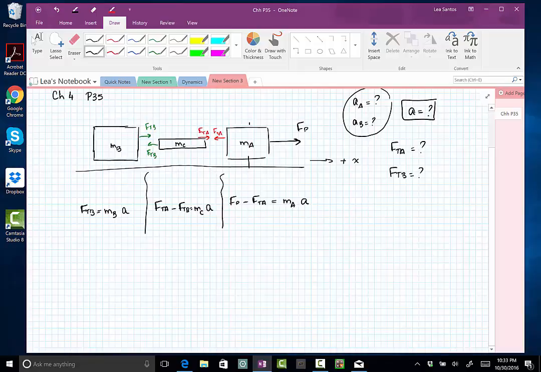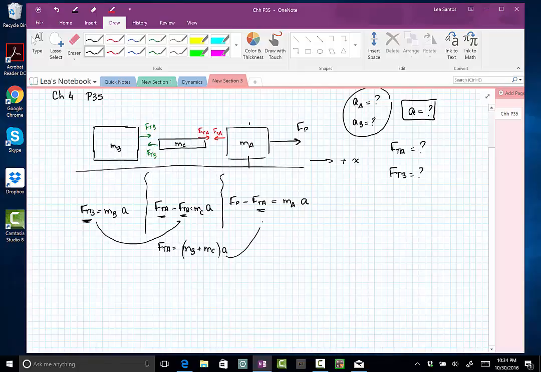Okay, to solve this acceleration, I cannot solve directly from this equation because I don't have FTA, FTB, and I cannot solve from here because I don't have FTA. So I'm going to put one equation into the other. And so first I'm going to put this one here, and from this I can isolate FTA and say that FTA is equal to MB plus MC multiplied by the acceleration.